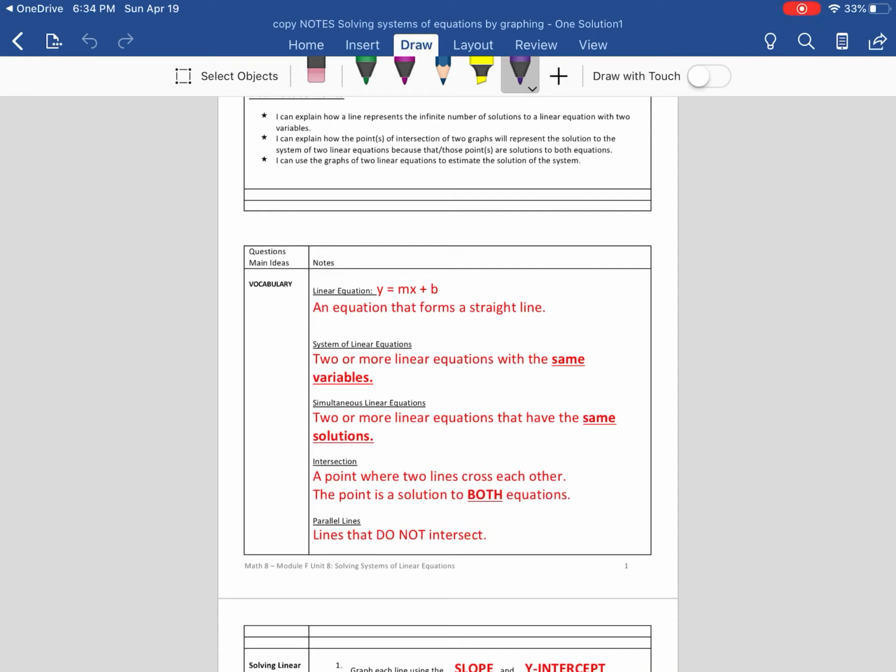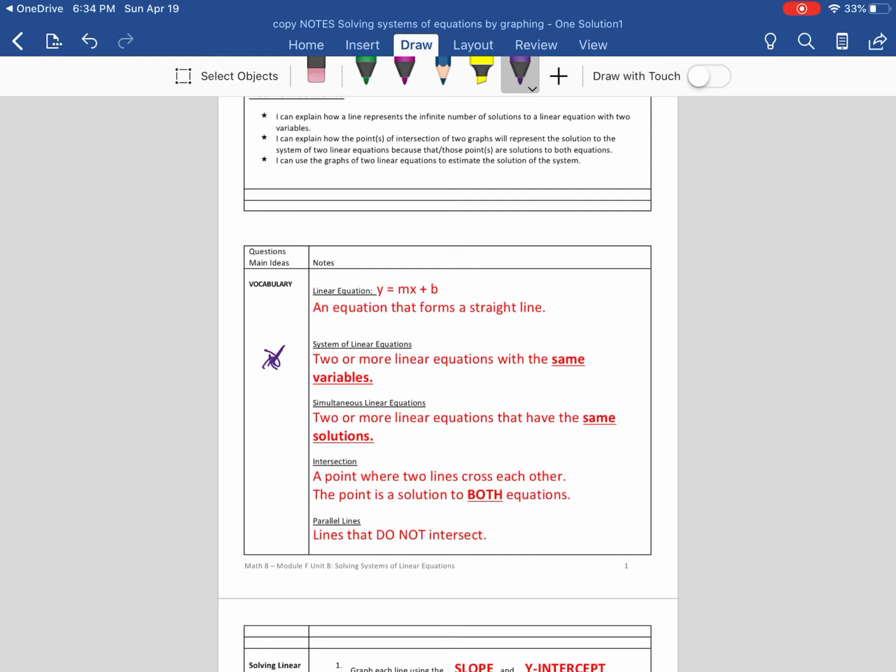All right, so a system is two or more, well, right down here. I'm going to use purple today. Systems of linear equations, that's two or more linear equations with the same variables. So just like you did yesterday, y equals mx plus b, we're going to give you two equations like that.